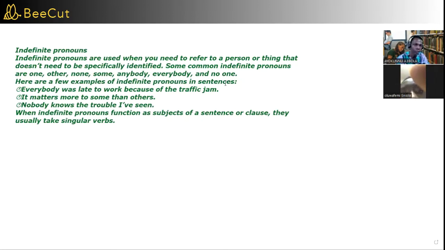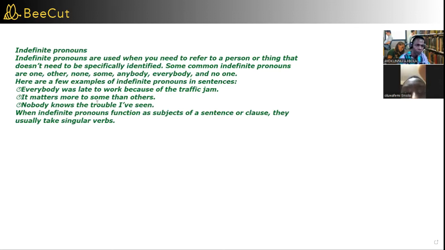Here are a few examples of indefinite pronouns in a sentence. Everybody was late because of the traffic jam. Now, you do not refer to Mr. A or Mrs. B or Mrs. C was late. So everybody was late. So everybody is an indefinite pronoun that is used to refer to people in general.